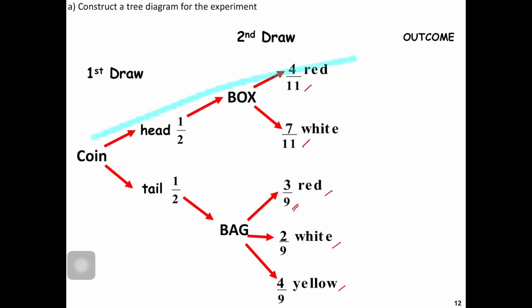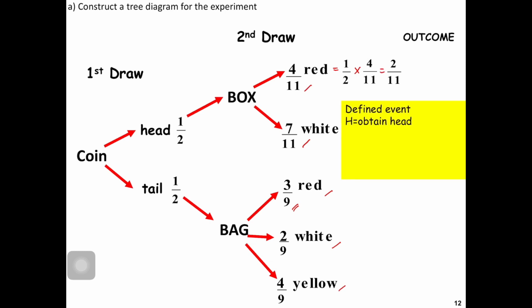Remember, multiply along the branches. So you will have 1/2 multiplied by 4/11 to get a value of 2/11, where we define the events as H obtain head, T obtain tail, R obtain red marble, W obtain white marble, and Y obtain yellow marble.